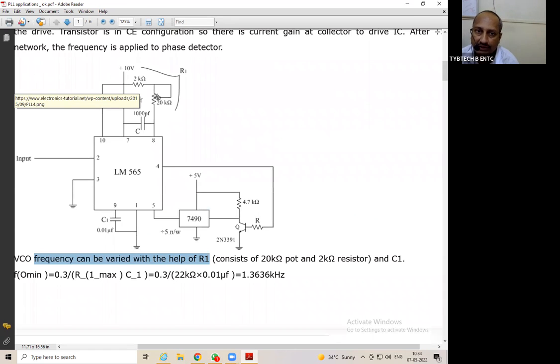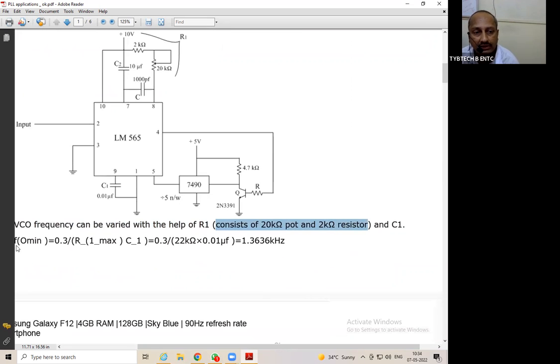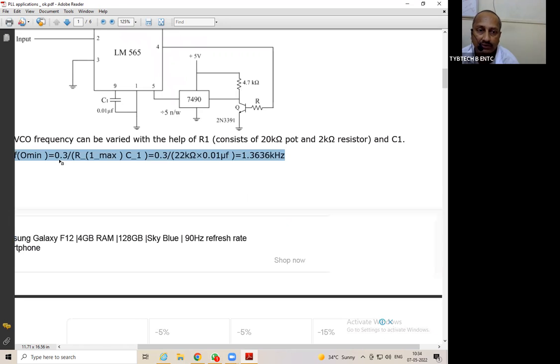If you keep this pot at minimum, the total resistance will be 2K. If you keep the pot at max, the total resistance will be 22K. So it is written as the 20K and the 2K. From that, we also had the formula for the minimum frequency and the maximum frequency, that is 0.3 divided by R1C1.